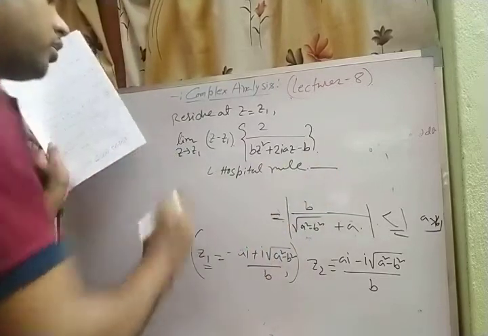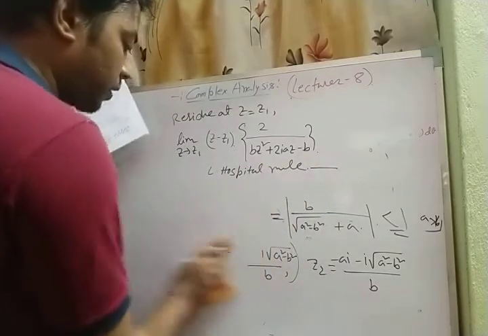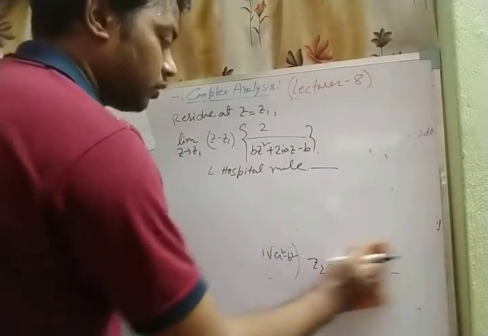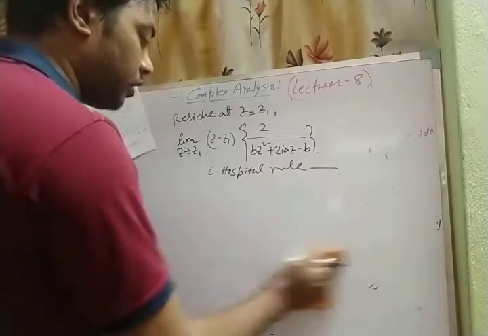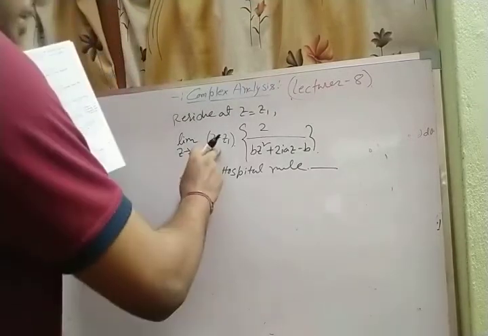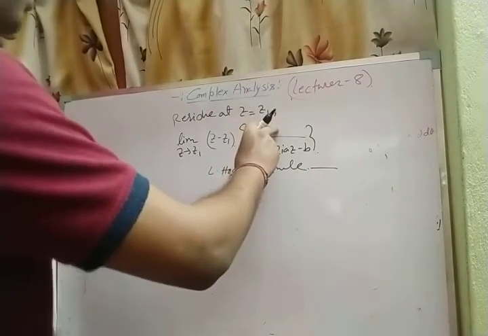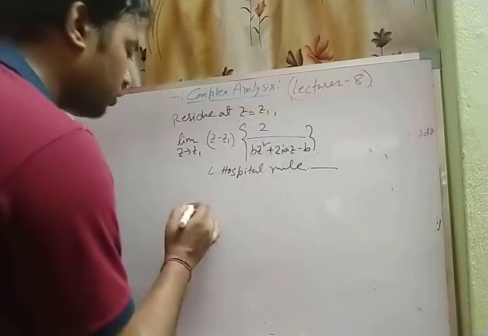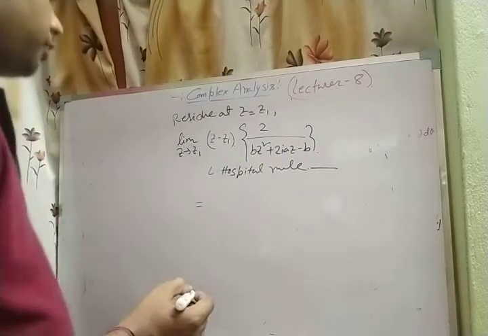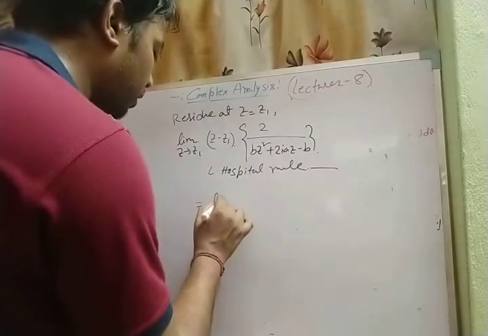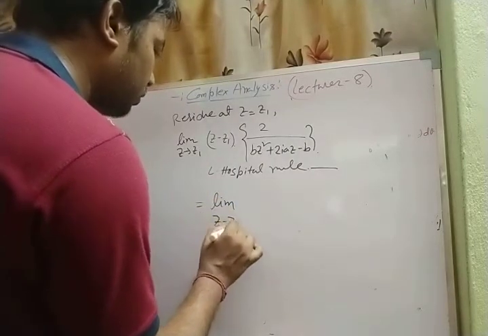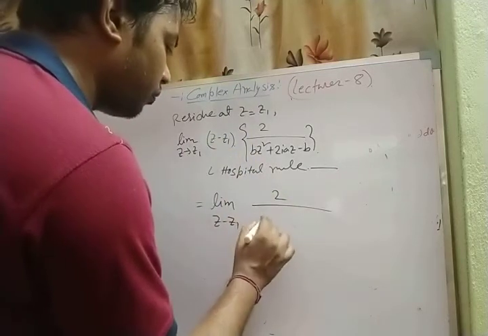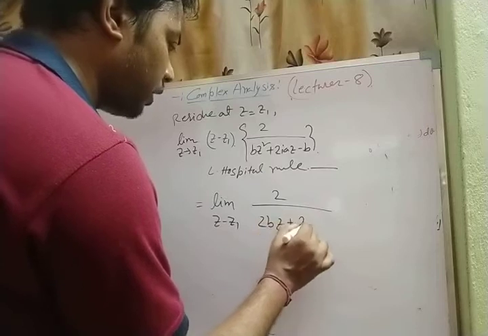To calculate this limit, the L'Hospital rule gives the differentiation of the numerator and the denominator individually. So by differentiating it, we can write limit z tends to z1, this gives 2z, so 2 is there, and this gives 2bz plus twice ia.